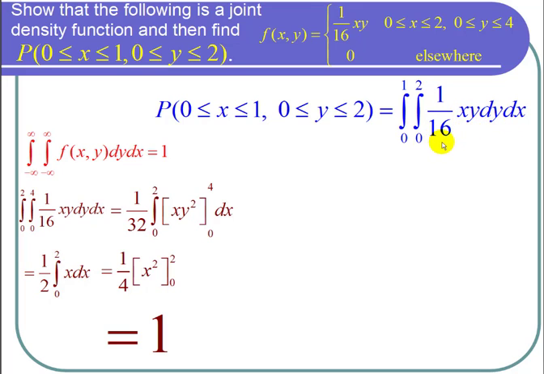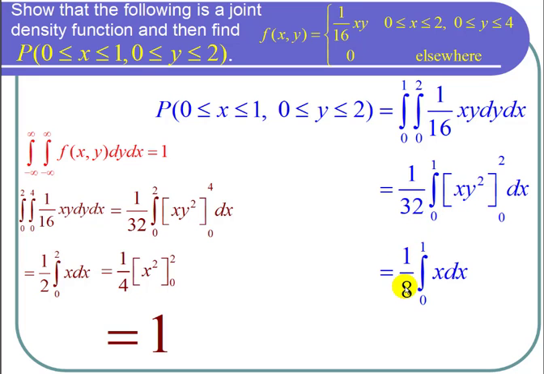And as before, the integral of 1/16 xy dy is 1/32 xy squared, and I'm going from 0 to 2. If I plug in 2, y squared, or 2 squared, is 4. 4 over 32 is an eighth, so I'm left with an eighth times the integral from 0 to 1 of x dx.